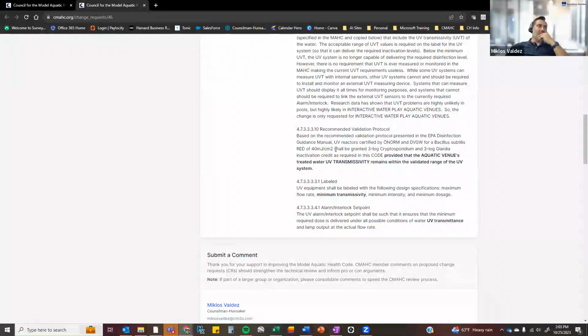No, well, what this is saying is that it receives the inactivation credit as long as UV transmissivity remains within the validated range, but it does not say that you have to have a sensor. Neither does this section.